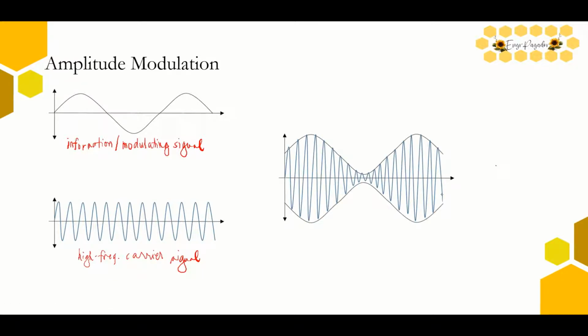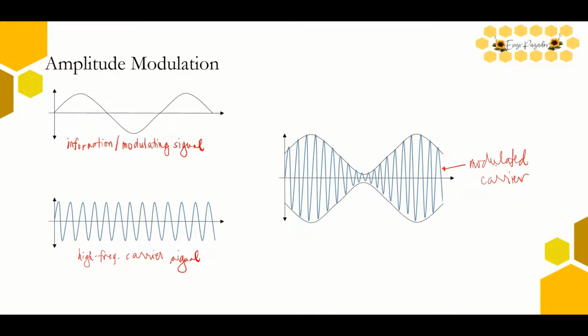So, ito ngayon yung ating modulated carrier, yung nasa loob. Okay. So, if you can see, yung frequency ng ating carrier signal is nag-remain. Yung amplitude ng ating modulated carrier, finalo niya yung amplitude ng ating information signal.